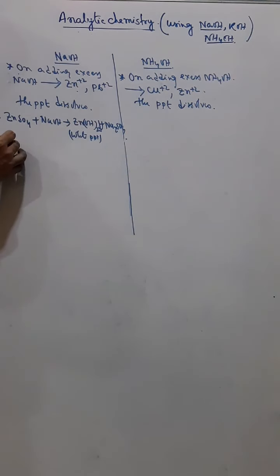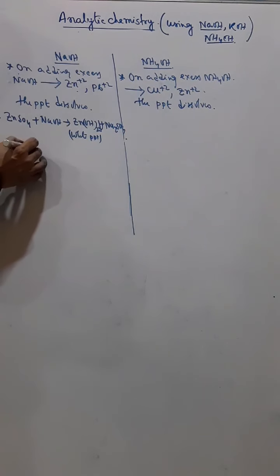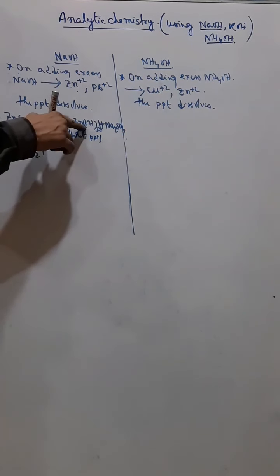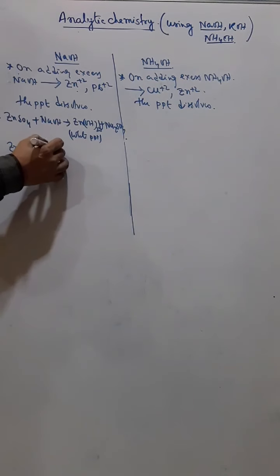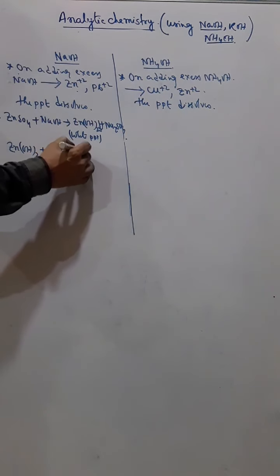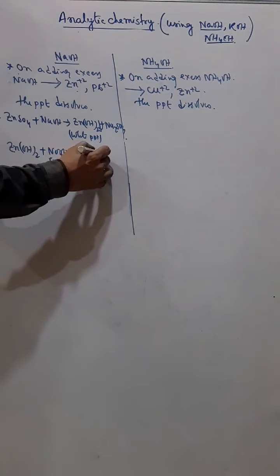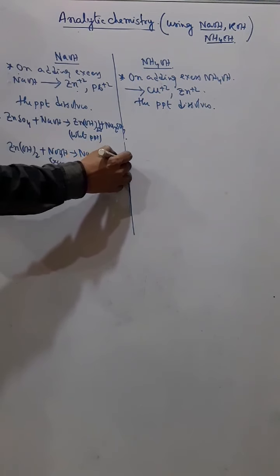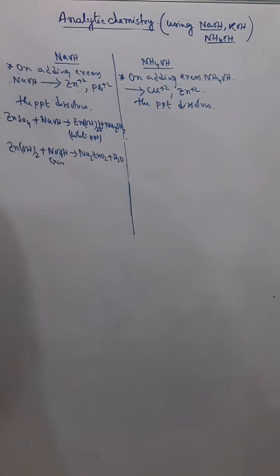And on adding excess, so what do we do? Zn(OH)2, and on adding excess NaOH, so this is excess, what did you get? You got Na2ZnO2 plus H2O.